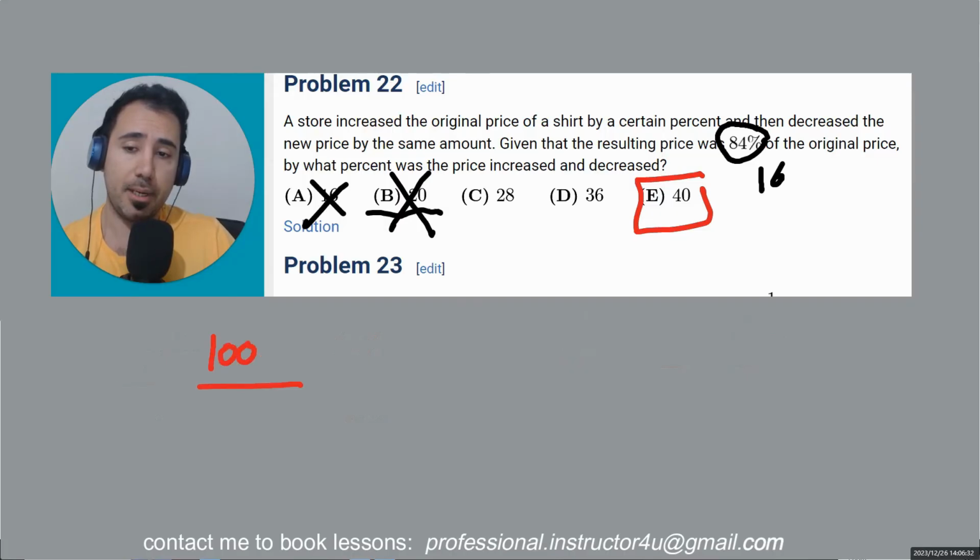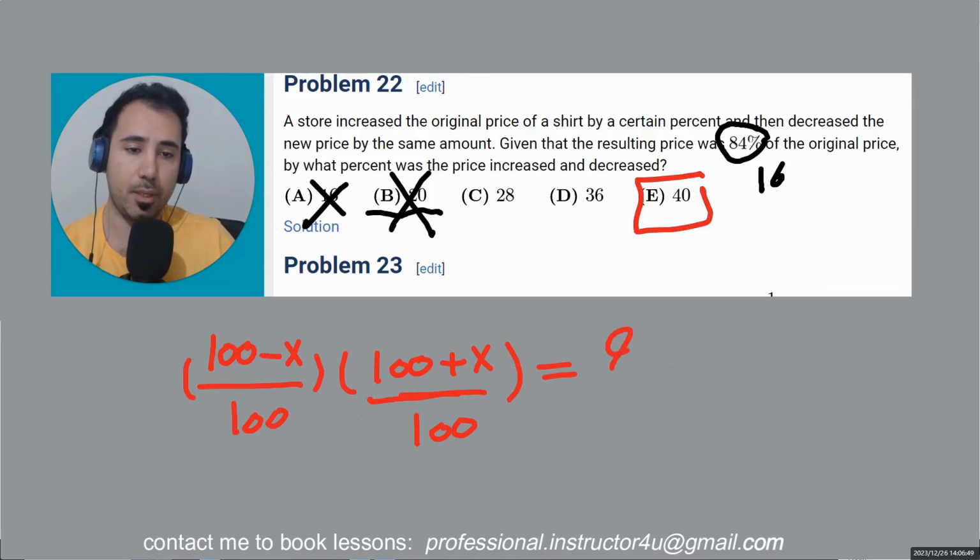so 100 minus what? We decrease it by something. We also increase it by something. And when we do so, it's going to be 84% of the original one. You could try this equation instead, especially when you don't have the options.